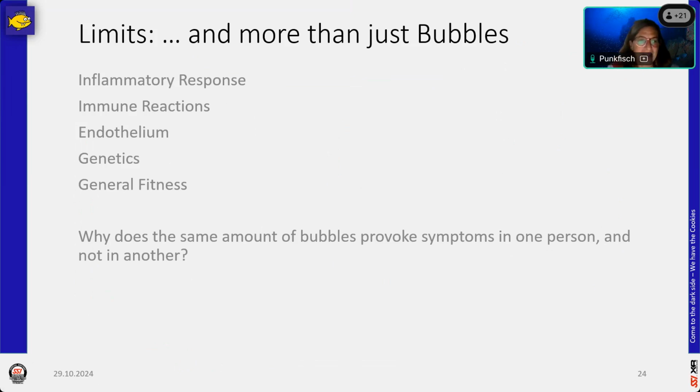So far for the limits of this knowledge, and so far for why, maybe the more important point is to understand the models and accept that there will always be a small risk diving with us.